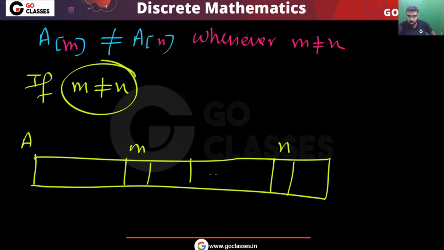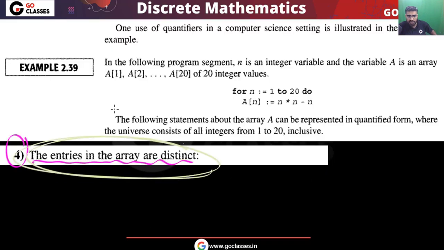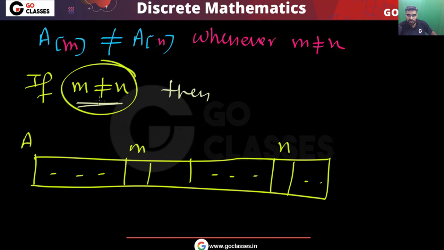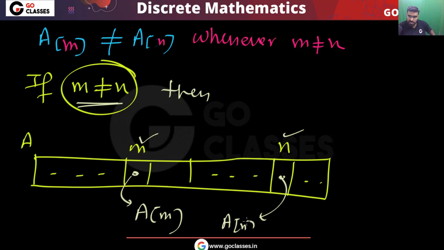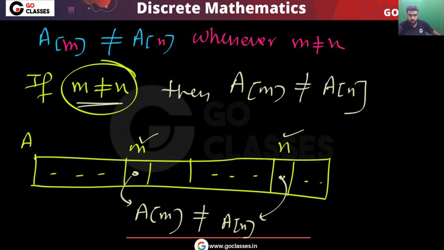Now we are saying that if m comma n are different, then the entries are distinct. Means if the indices are distinct, these entries must be distinct. This entry am must be different from this entry an. So I can say if m is not equal to n, then am should not be equal to an. So this is what we should write.